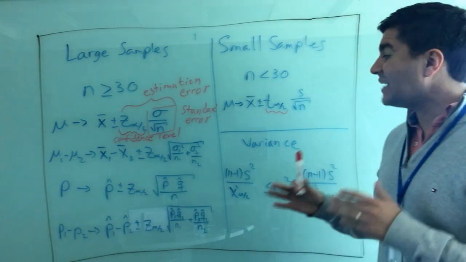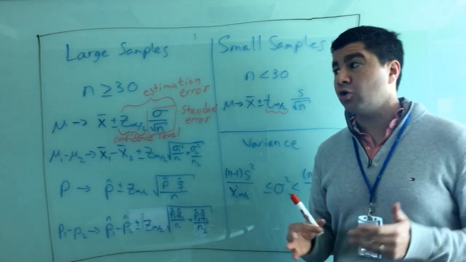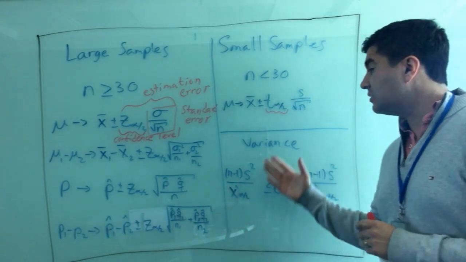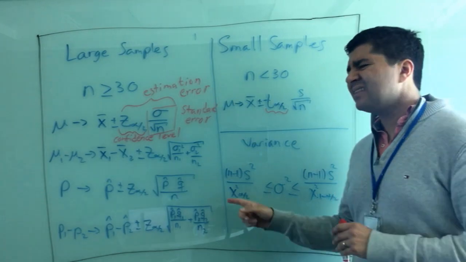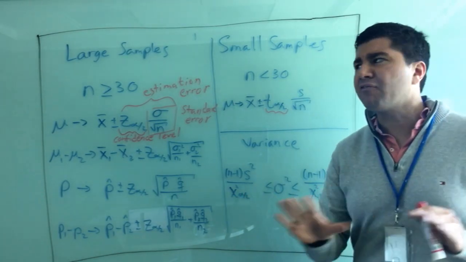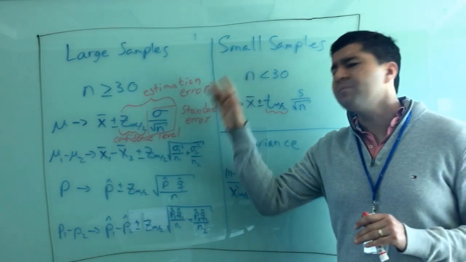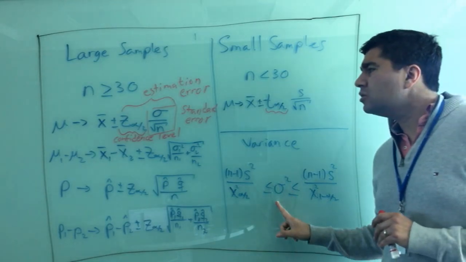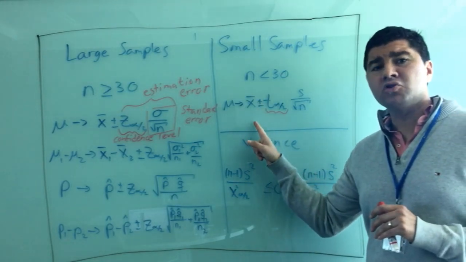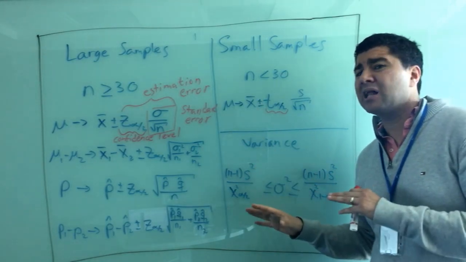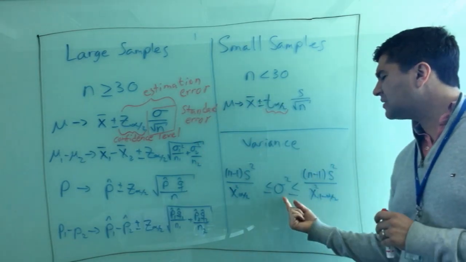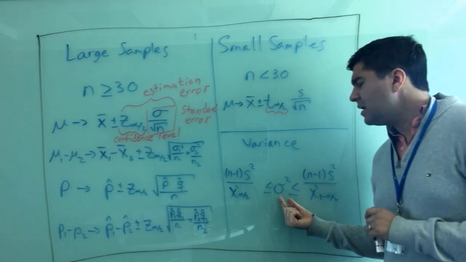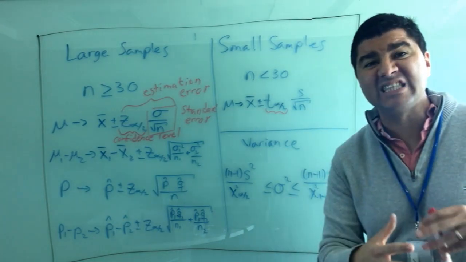Finally, the last confidence interval that we're going to see examples of is the one of the variance. In this variance, I need you to notice that this is slightly different than what we have seen before. We do not have a plus and minus. It is still symmetrical, but not in the same way as before. Now this sigma square is what we want to estimate.